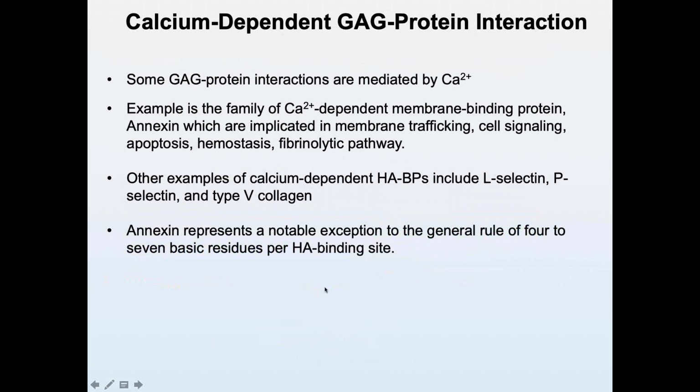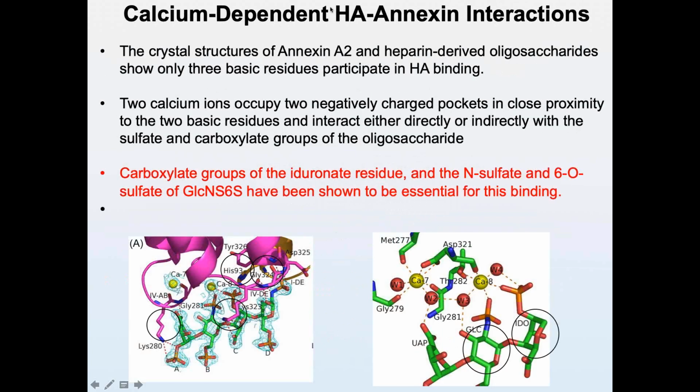If you look here, this GAG-binding protein Annexin 2 contains lysine, which is able to bind to the GAG.